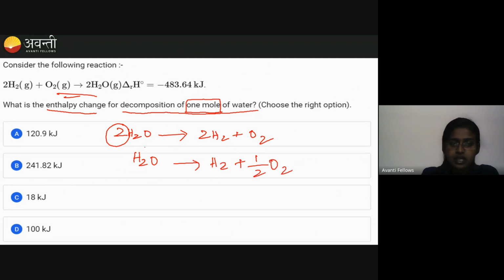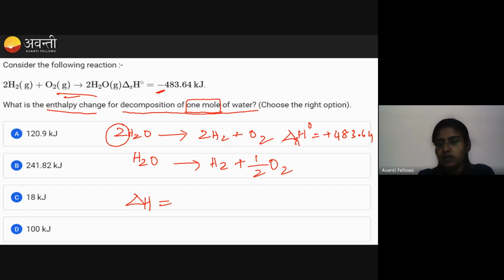So this will be the desired equation, and the enthalpy change for this reaction will be, since I have reversed this equation, delta HR naught plus 483.64 kilojoule per mole. I have to change the sign since I have reversed it. Now, in the second step, I have divided this equation by 2, right?